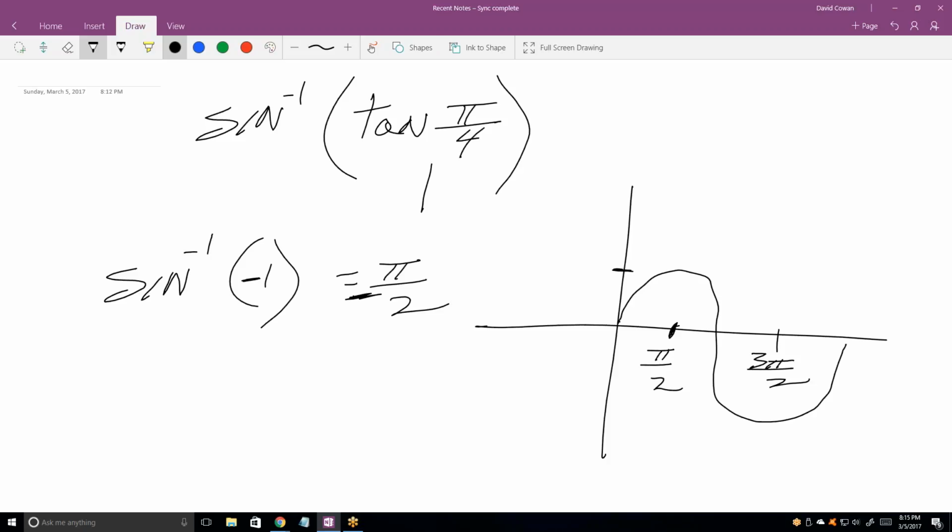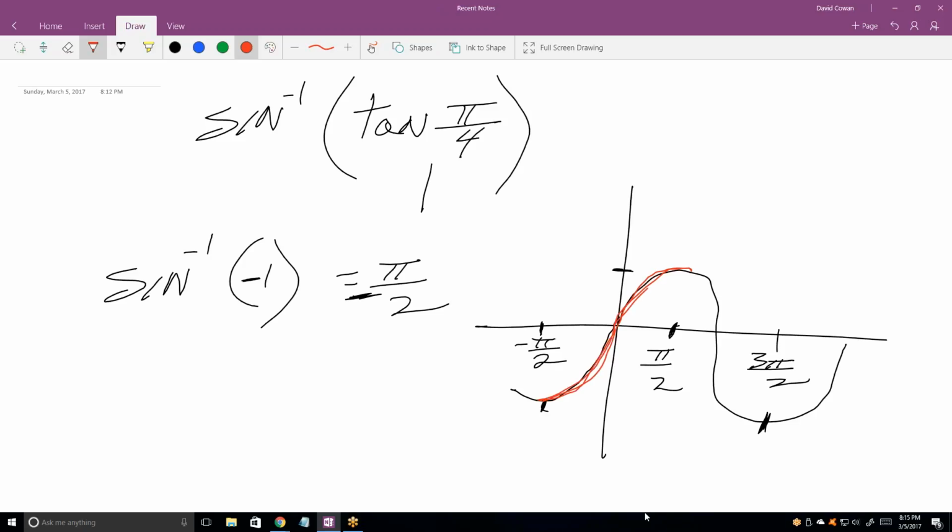In other words, if we do nothing but look at my graph, then you would say that the inverse sine of -1 would be 3 pi over 2. But the fact is that it's this point right there, which is minus pi over 2. Remember, when they restrict the domain of the sine function in order to come up with the inverse sine, they restrict it from that point to that point.